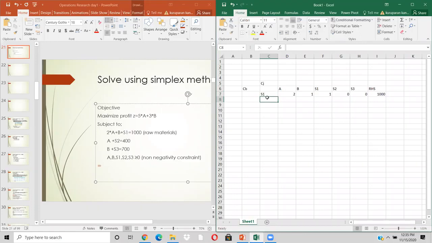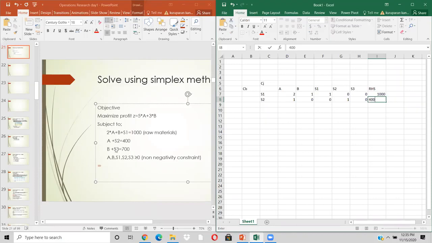Next to this S2. Okay. Second constraint is A plus S2 equal to 400. How many A's are there? 1. How many B's? 0. How many S1s? 0. How many S2s? 1. How many S3s? 0. What is RHS? 400. Okay.